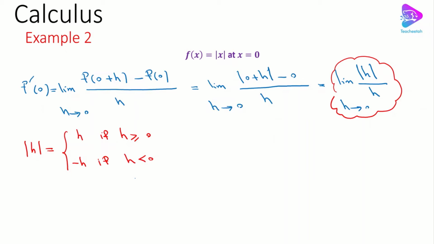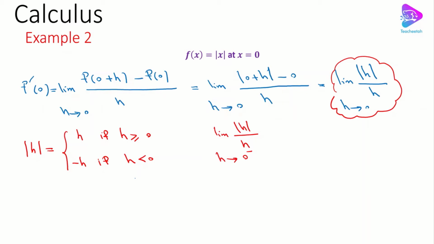So we can have two parts for this function, and it's going to be the limit from the top part or from the bottom part. Let's start from the bottom part. It's going to be the limit of the absolute value of h over h when h is approaching 0 from the left side.